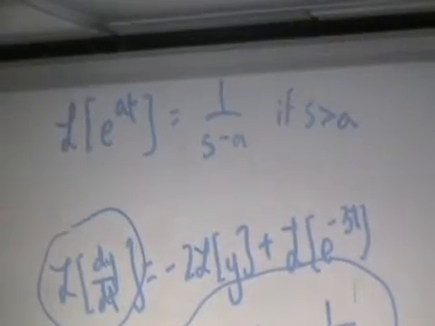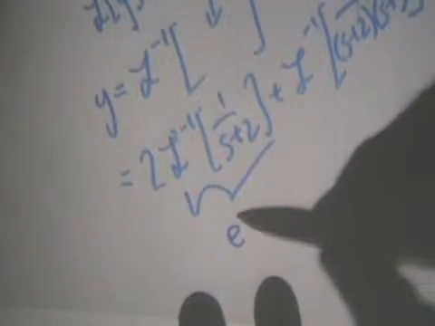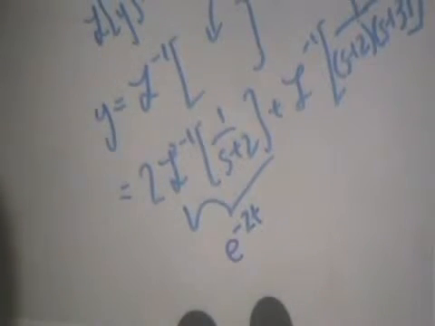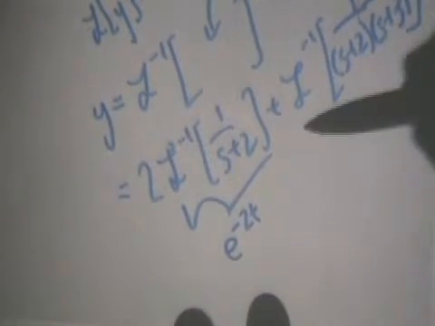It works the other way. So this inverse Laplace transform down here is e to the at, where a is going to be negative 2. It's going to be e to the negative 2t. But we're still left with this thing right there, and that's the hard part. And that's what we need to finish off with here.